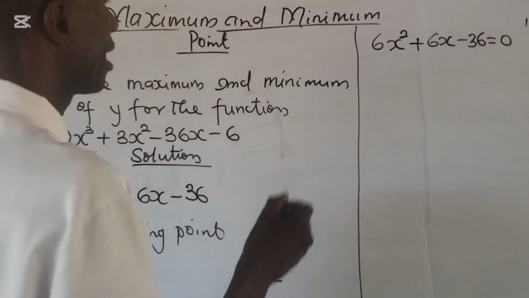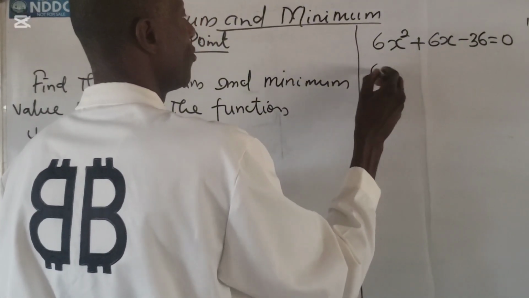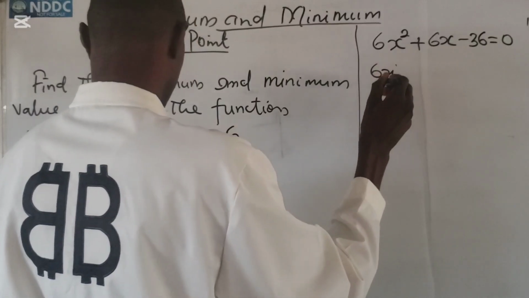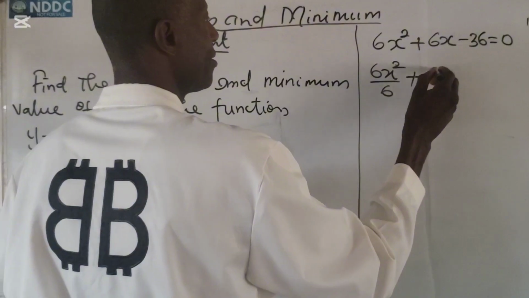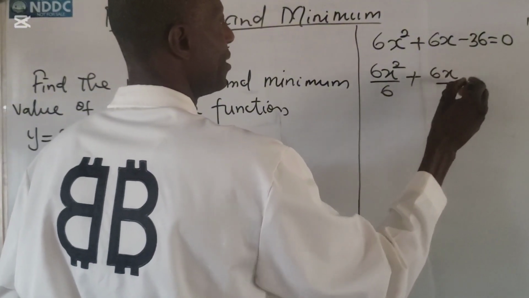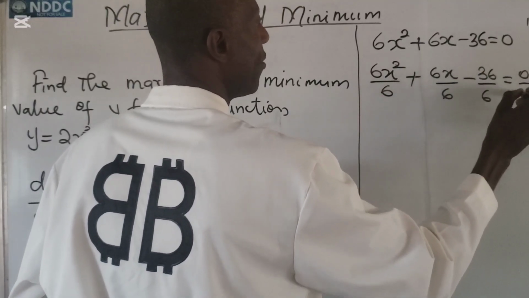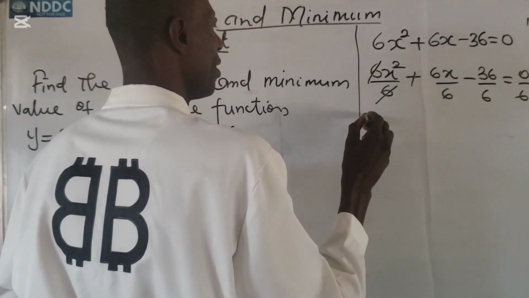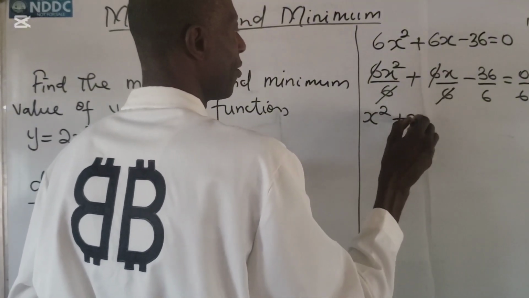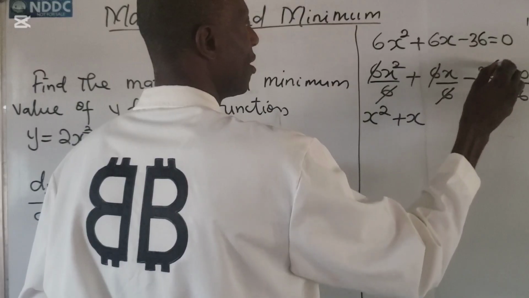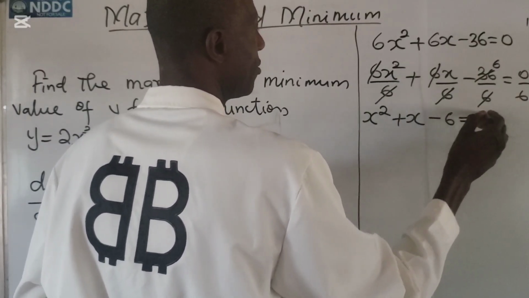Now, we can reduce it because we have 6 in common, so I want to divide through by 6. So 6x squared over 6 plus 6x over 6 minus 36 over 6 is equal to 0 over 6. This will cancel this, you are left with x squared. This will cancel this, you are left with plus x. This will give us minus 6. And 0 divided by 6 is 0.